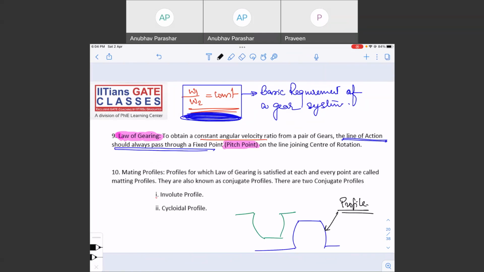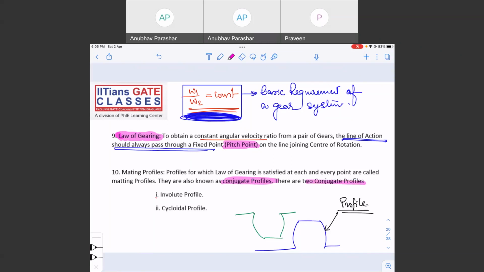If you want to make the profile of the gear, will any kind of surface satisfy the law of gearing? Suppose I use a parabola, or a circle, or any general surface, will it satisfy the law of gearing? No, right? Not all profiles will satisfy the law of gearing. The profiles which satisfy the law of gearing are called conjugate profiles.